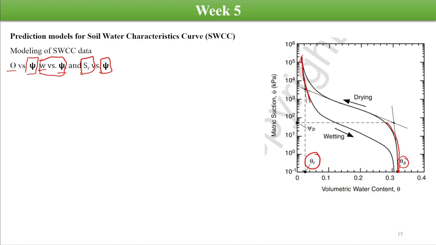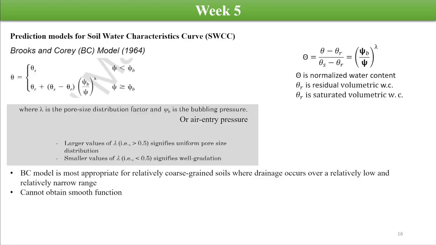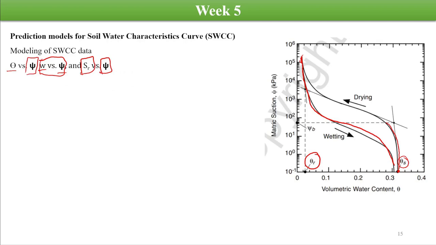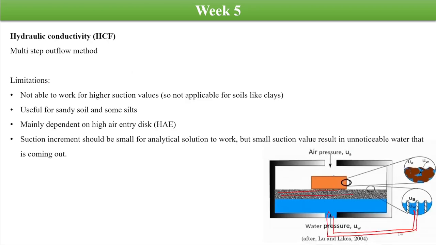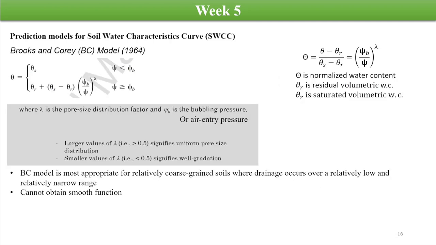If we repeat the wetting cycle, then it will follow another path to reach this point, right? So we are discussing two types of curves: first, the hydraulic conductivity function, and second, the soil water characteristic curves.